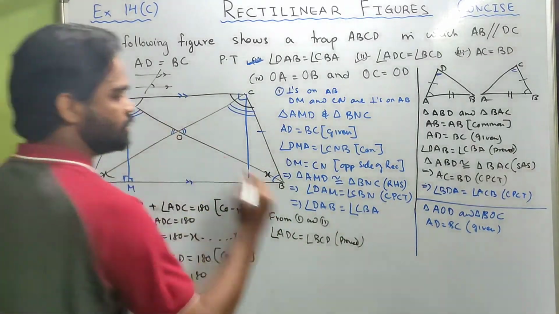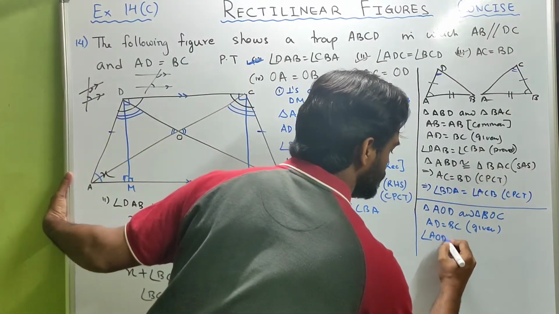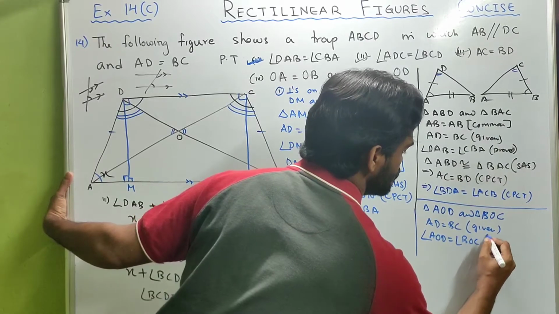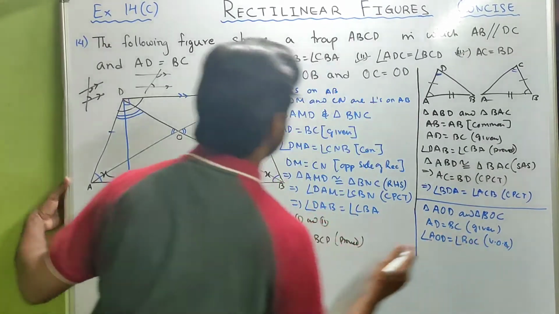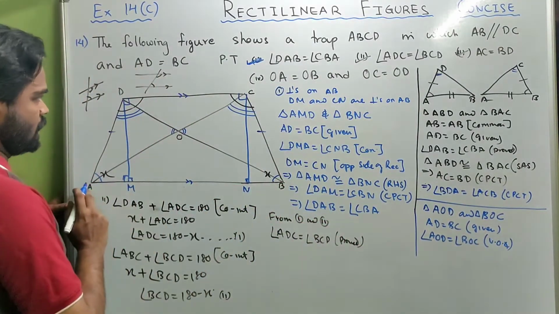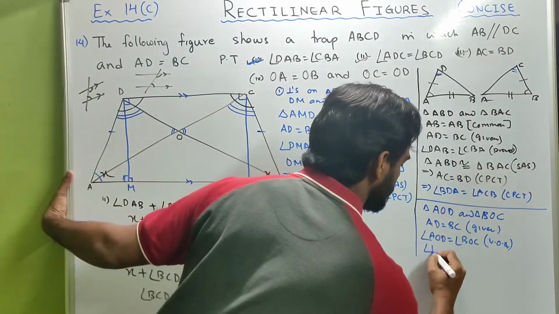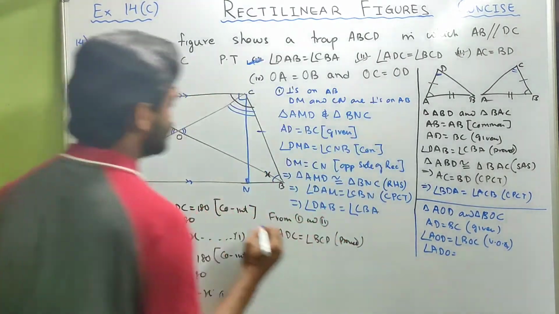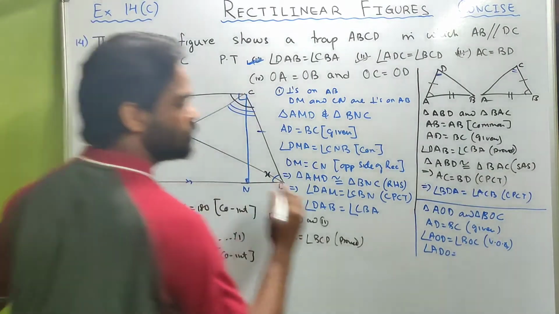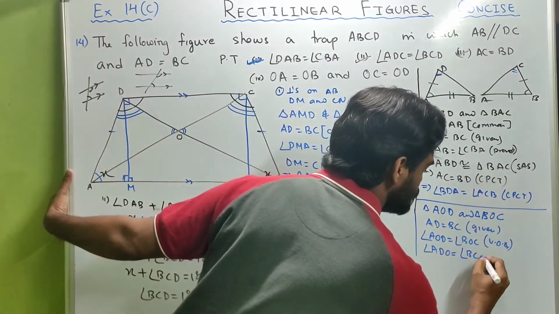Then angle AOD is equal to BOC, that's vertically opposite angle, isn't it? And angle ADO is equal to BCO. Why?